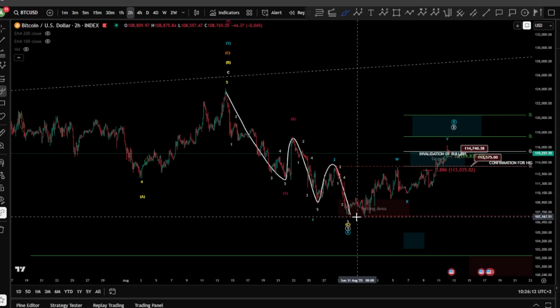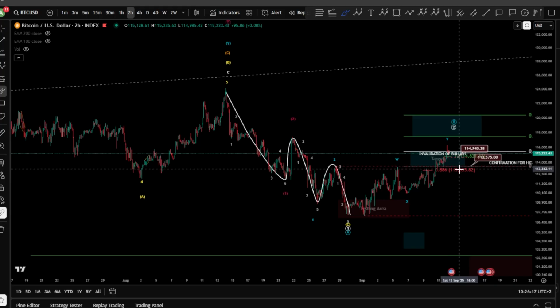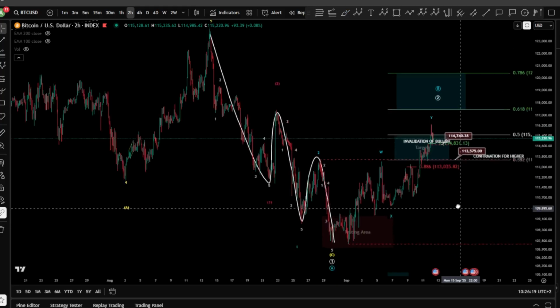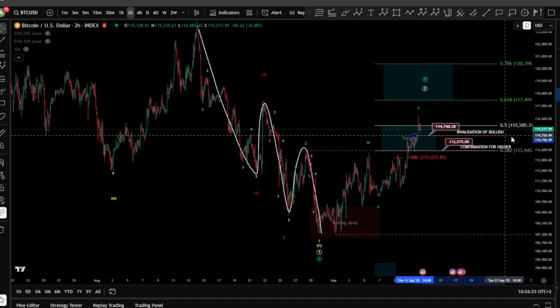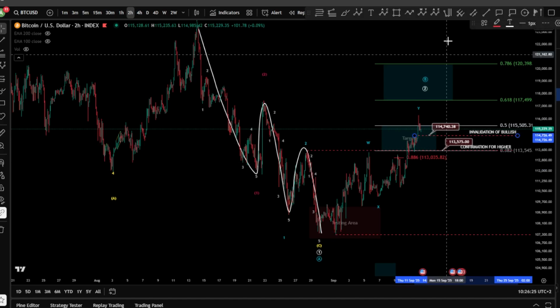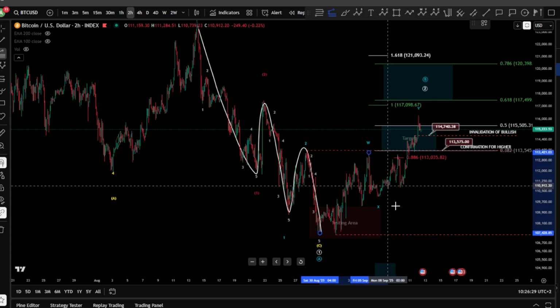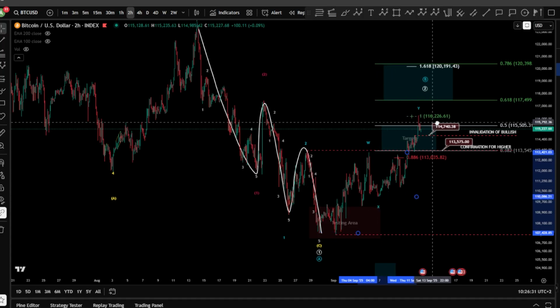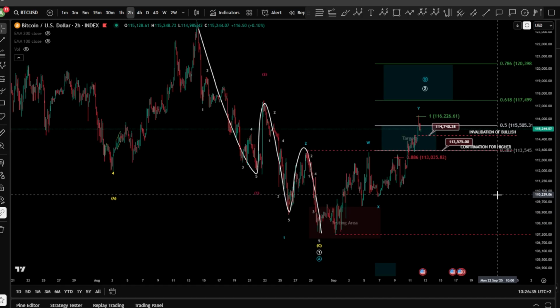We already end up looking like a 3-wave structure there. So basically, I would say even if we take the next step of price action, because if I take this W, X and a Y, and if I take it, let's say from there, you can see that we hit exactly the 1-to-1 fib level, which is 116K.